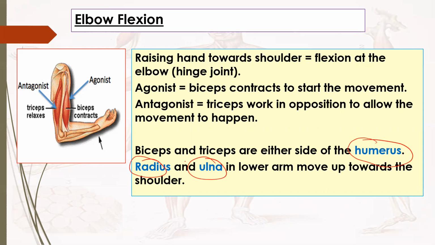So the biceps and triceps, either side of the humerus at the upper part of the arm, and then the radius and ulna in the lower part of the arm, they are the articulating bones. They're the ones that move during elbow flexion. Just make sure that you've got that clearly noted down. Go through it again carefully if that doesn't make sense. So this is one of the more basic examples, and it's really important that you get to grips with this.